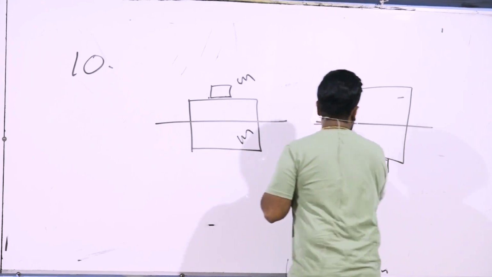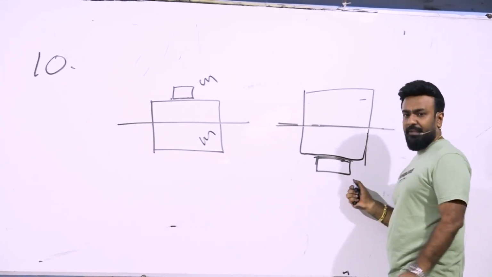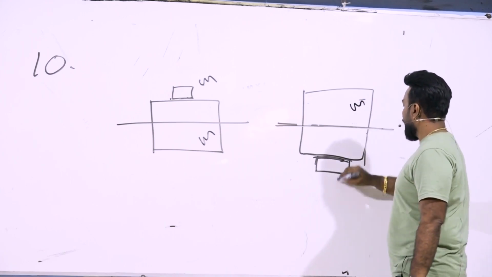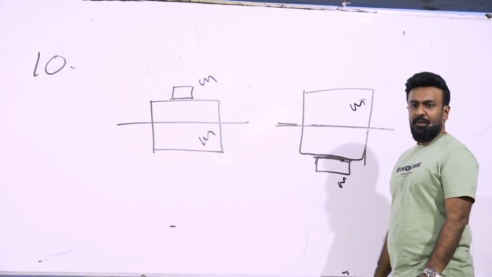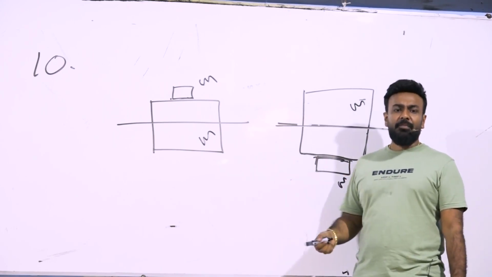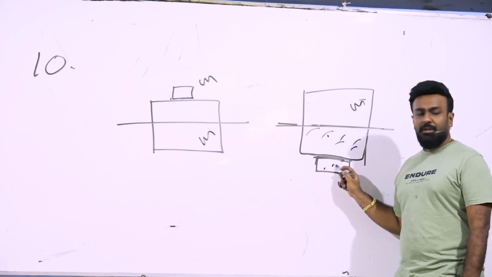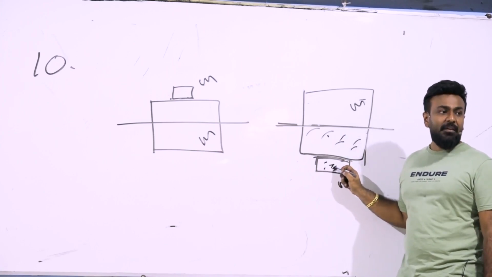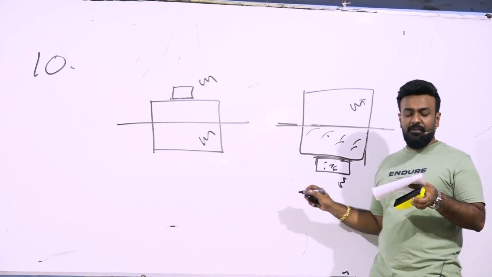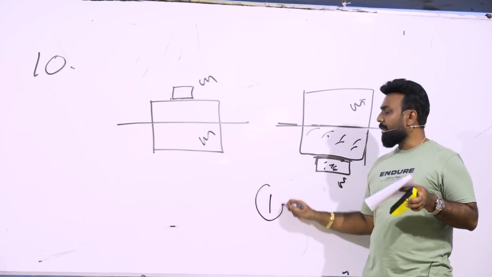So do we need to immerse 50% of the block, or is it less than that? No, it's less than that. With the same total mass, the same upthrust should be given. To give the same upthrust, less than 50% should be immersed, because now this metal piece is also immersed. So the correct answer is slightly less than 50%, answer number 1.